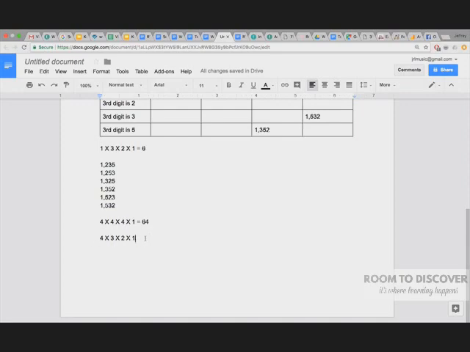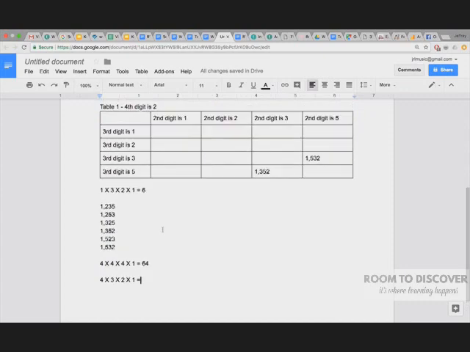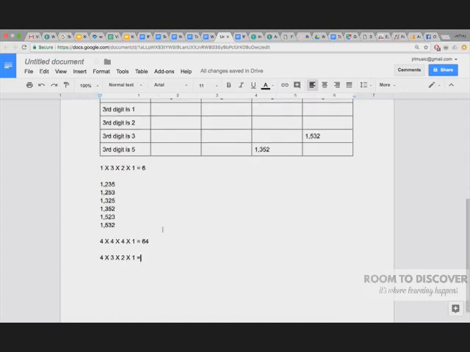If there's no repetition, this gives us 4 times 3 times 2 times 1, 4, 12, 24, and then it looks like we're going to actually have to divide that by 4. Again, we should end up with 6, and let's check that.